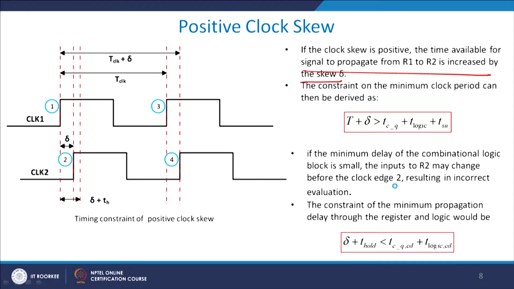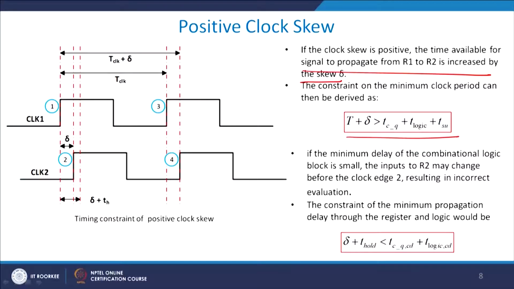Now, let us look at the constraint of the total timing delay, which is given by T plus delta. Why T plus delta? Because capital T is the total time period when the system is going from 0 to 1 and 1 to 0, and the value of delta can be found out from this relationship, but it will not be varying, it will be fixed for the fixed cases of interest.